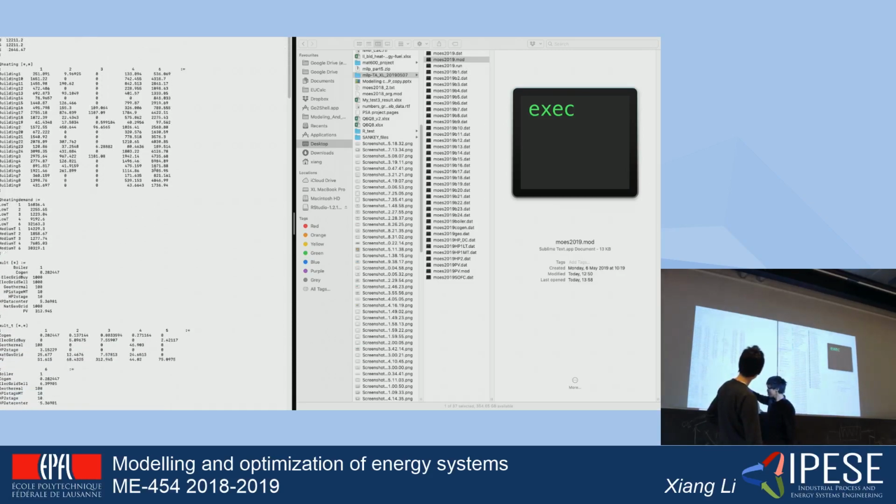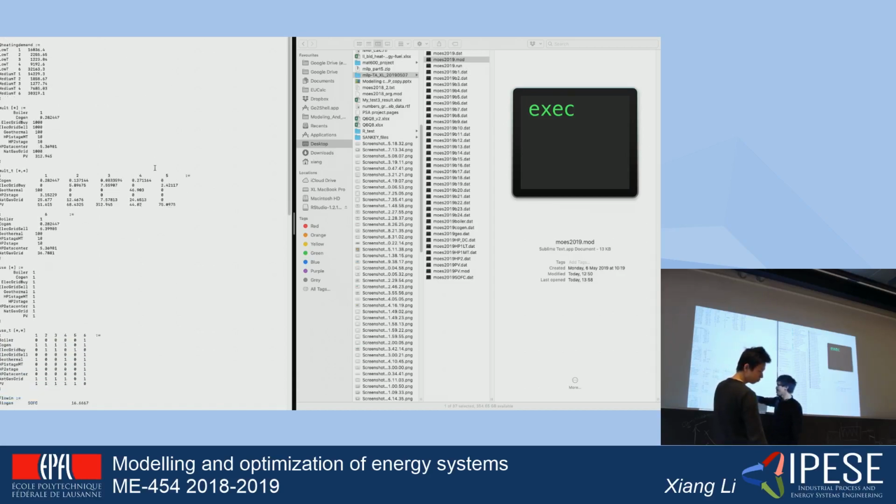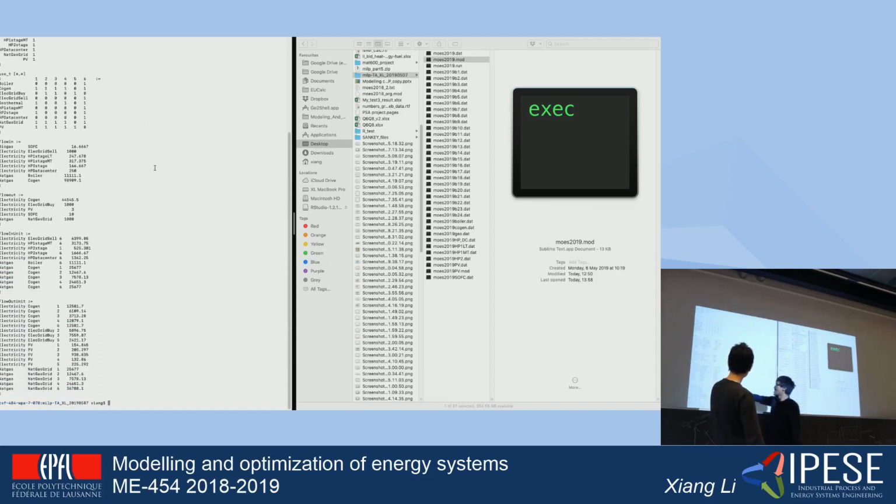If you go down, you can see that in our solution we have implemented cogeneration, the possibility to buy electricity, and geothermal. For this specific solution, look at flow in units, which is the amount of the resource that actually goes into your unit.